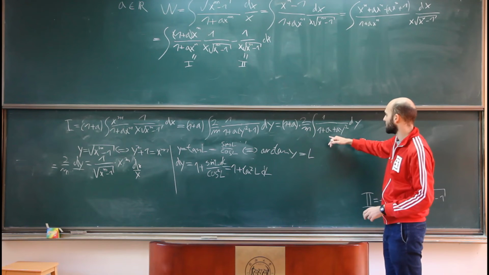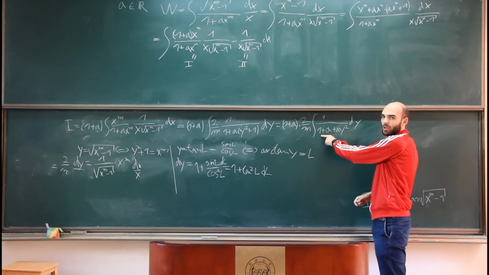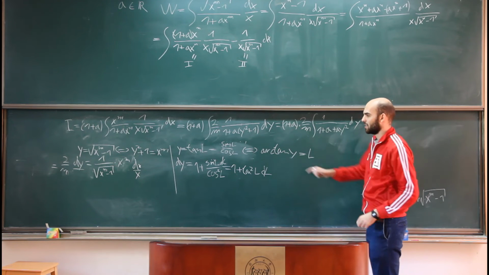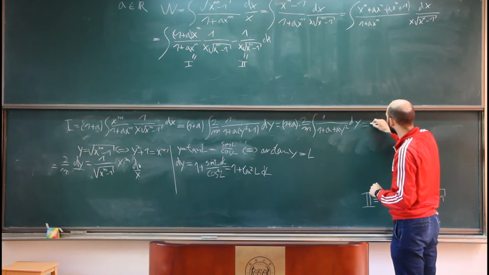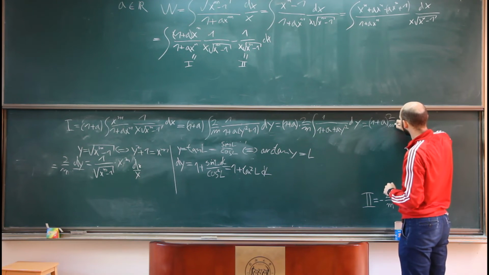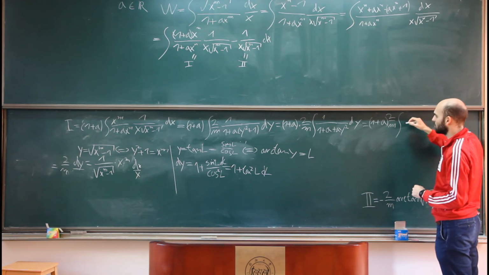So what we're going to do is I'm going to divide this section by 1 plus a, and so I get a 1 here, and then I can use the same substitution I did before. Really easy. We get the factors in front, and now I'm just going to divide it.